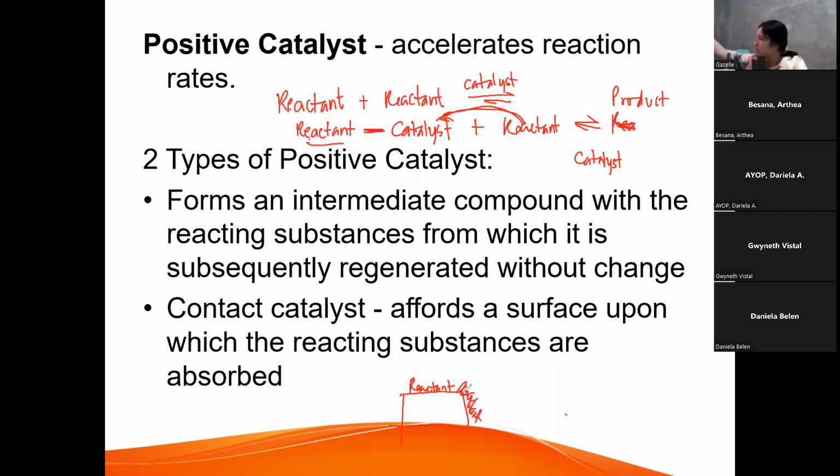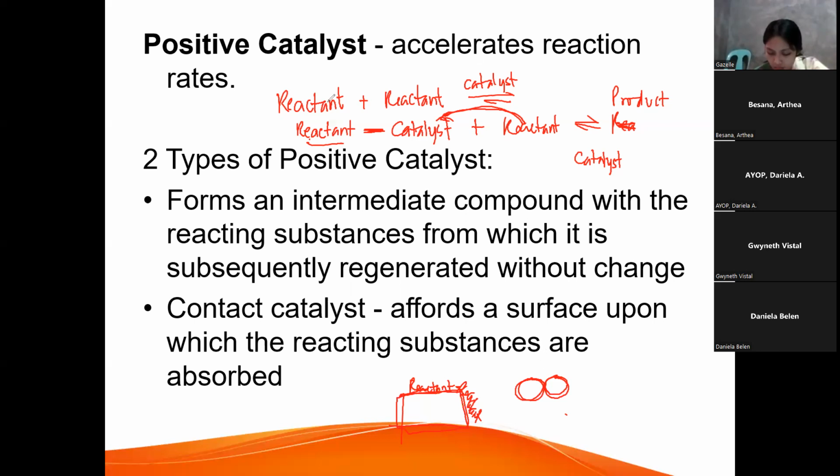And since close sila, magkakaroon sila ng reaction kasi pareha silang nakadikit sa catalyst natin, mag-i-increase yung speed ng reaction. Bakit? Kasi magkakaroon lang tayo ng chemical reaction pag merong contact ang isang atom sa another atom. Okay? Walang chemical reaction pag hindi sila nag-contact. So yung catalyst will provide a surface for contact between the reacting substances. And ang result niyan, magsa-speed up yung reaction.